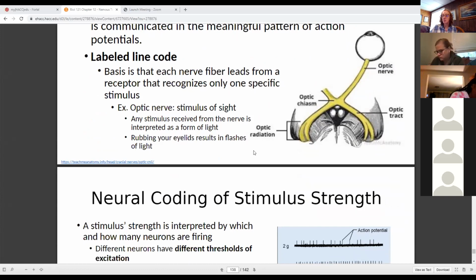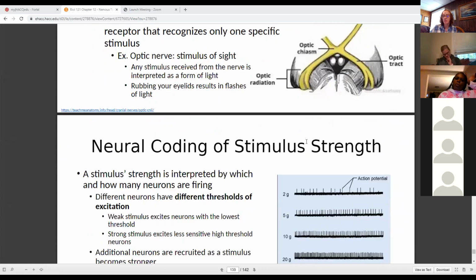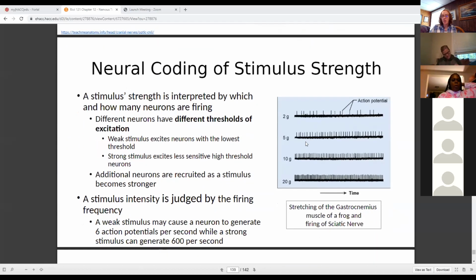So when that message is received, the brain takes that code of a certain rate or intensity of stimuli. The stimulus strength is interpreted by how many neurons are firing. Different neurons have different thresholds of excitation. Some neurons are excited at a lower threshold.